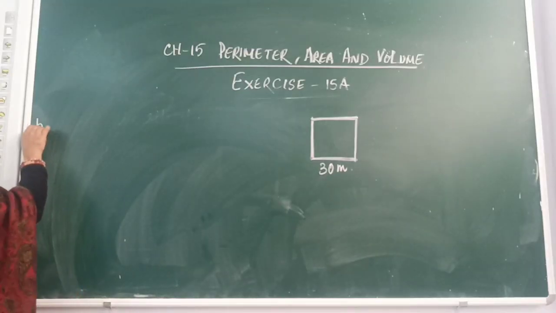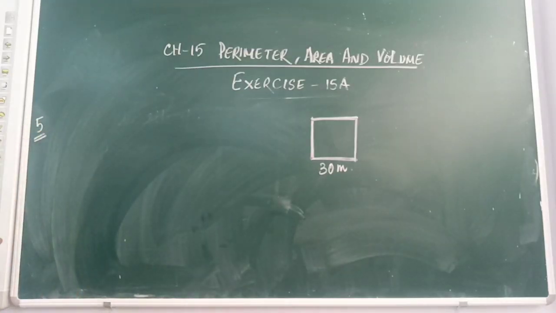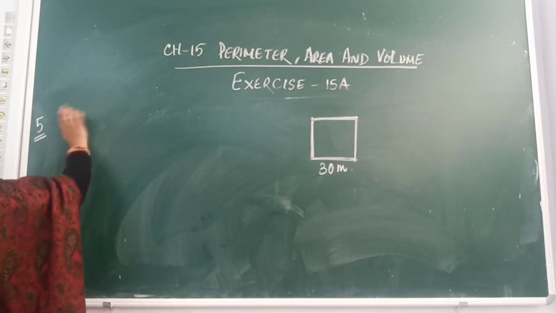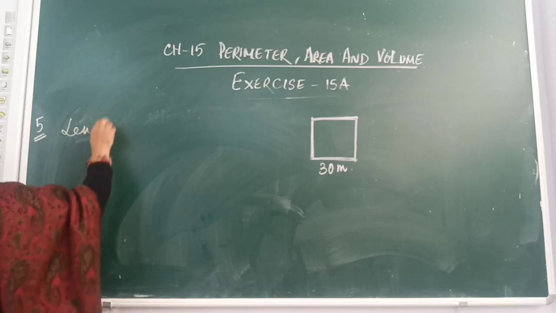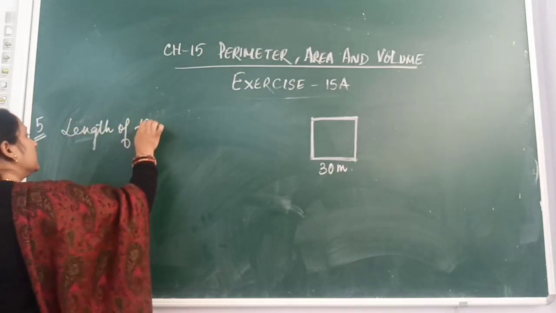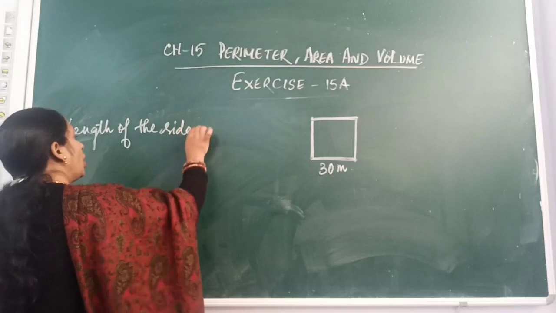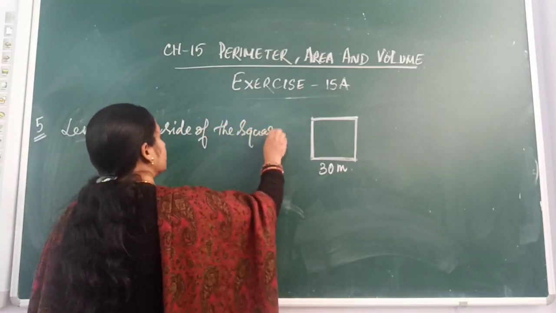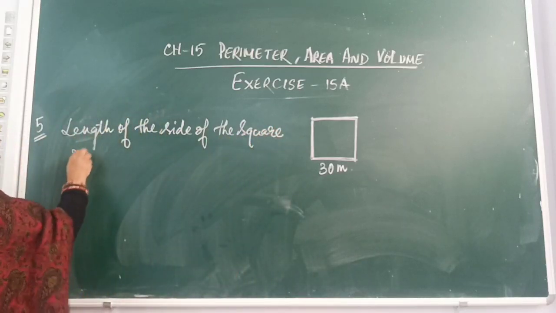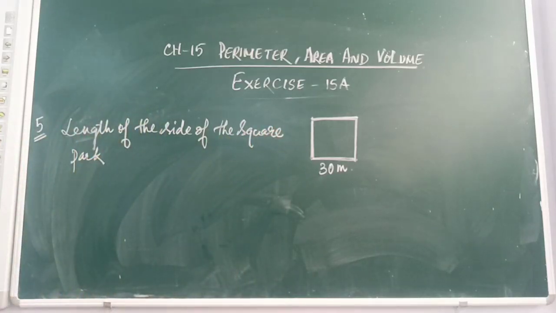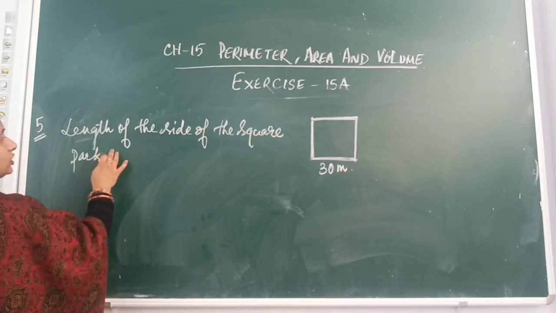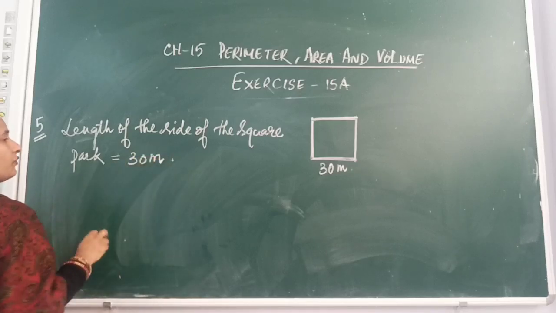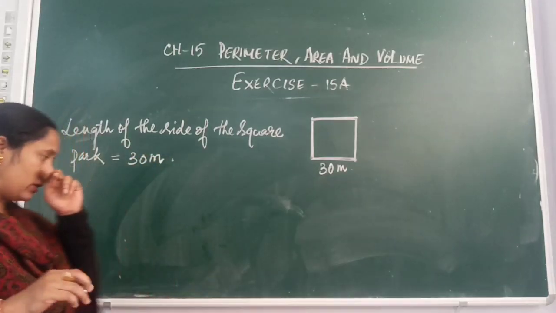So, this is the solution 5. Length of the side of the square park is how much given? 30 meter. Now what we need to find if she is completing one round of the park?